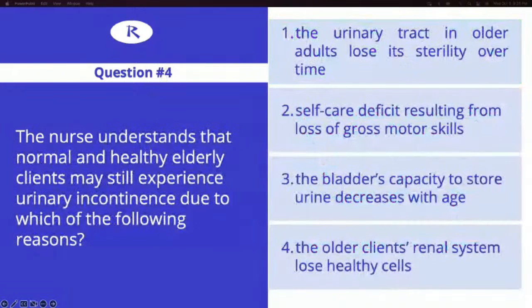Question number 4 is this. The nurse understands that normal and healthy elderly clients may still experience urinary incontinence due to which of the following reasons? Here we go.